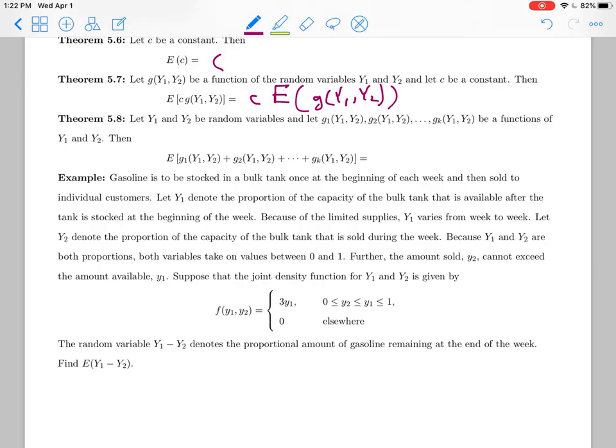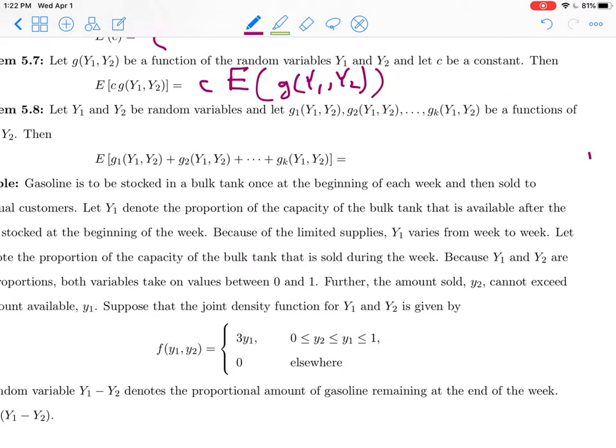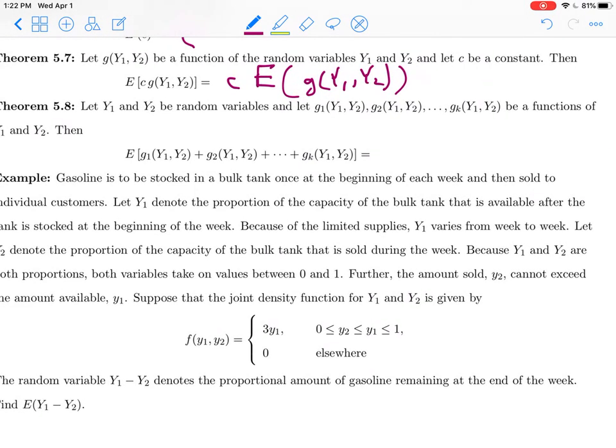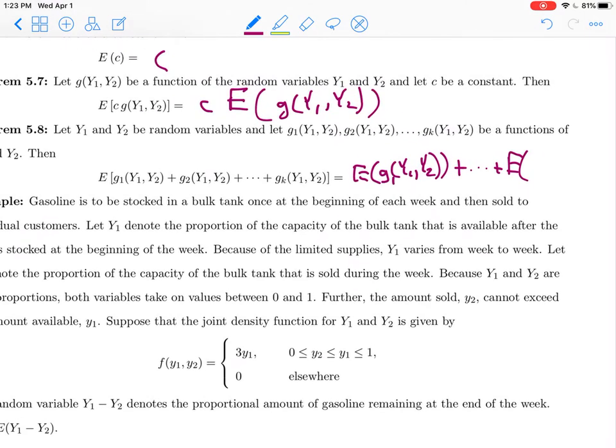And if we want to know what is the expected value of a sum of functions, it is the sum of the expected values. Right, so the expected value of the sum is the sum of the expected values.